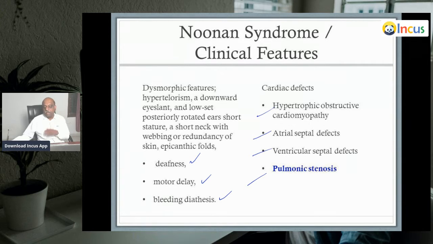Noonan is the male counterpart of Turner. You also have dysmorphic features in Noonan: hypertelorism, downward eye slant, anti-mongoloid slant it is called, low set posteriorly rotated ears, short stature, short neck, webbing, epicanthic folds, etc.